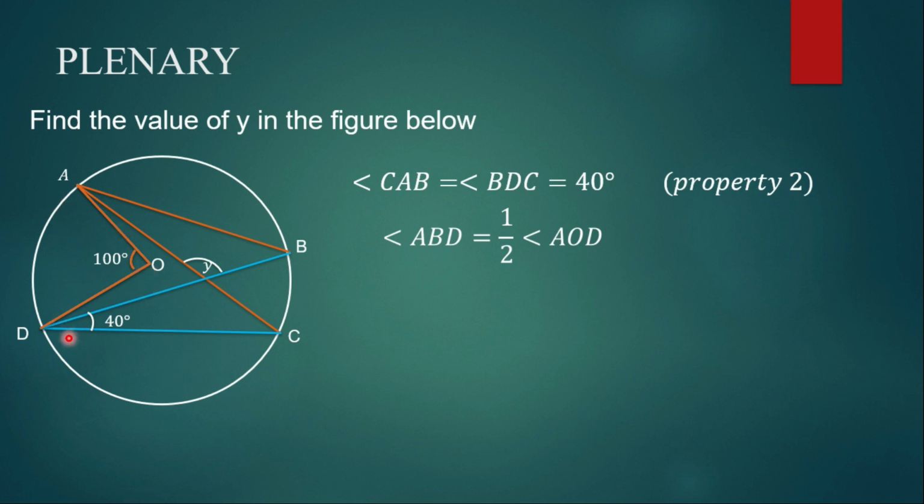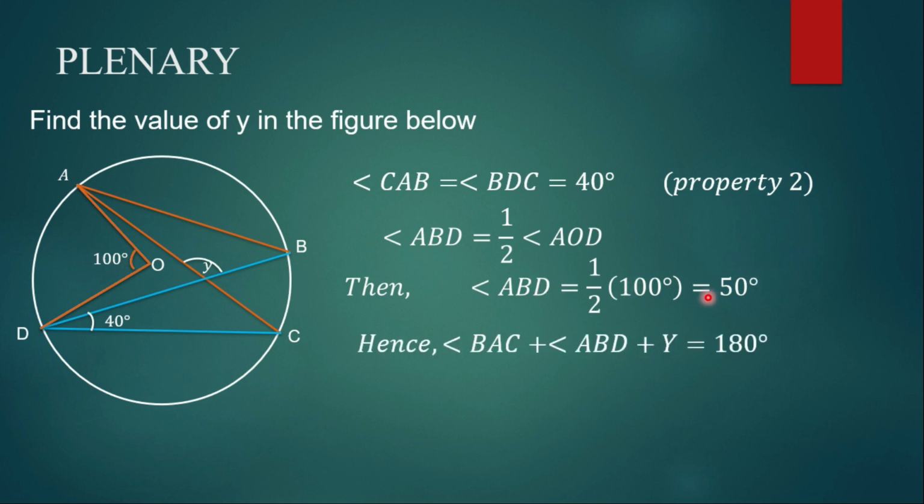Now, we continue. The angle AOB is twice what? ABD, which means that angle ABD is equal to half of AOB. Now, we know AOB is 100 degrees, so half of 100 degrees is 50 degrees.